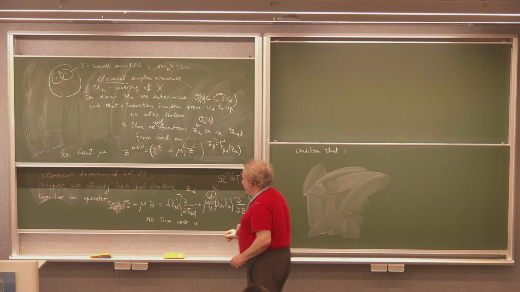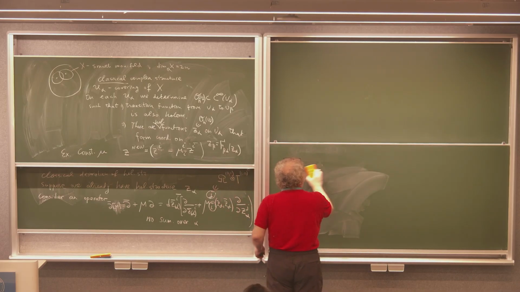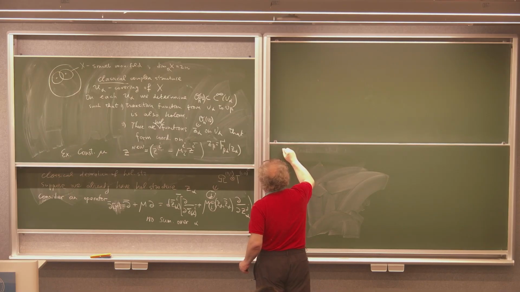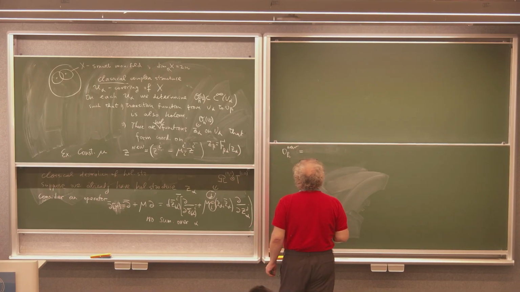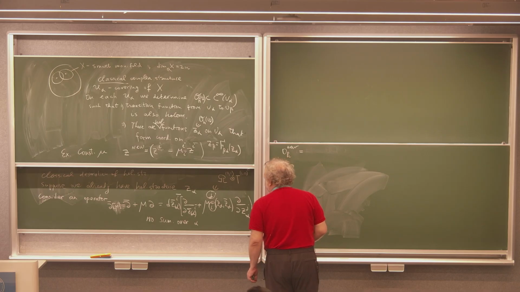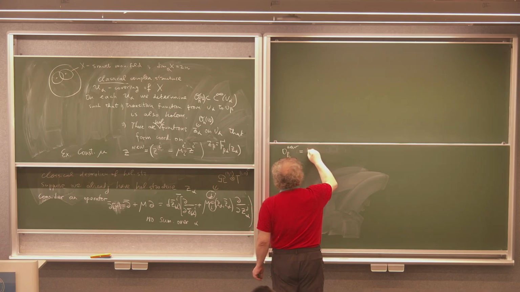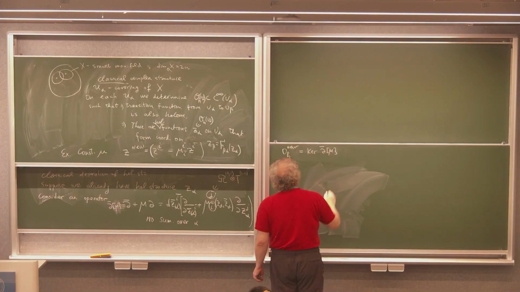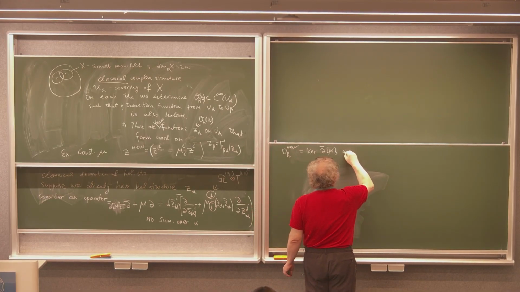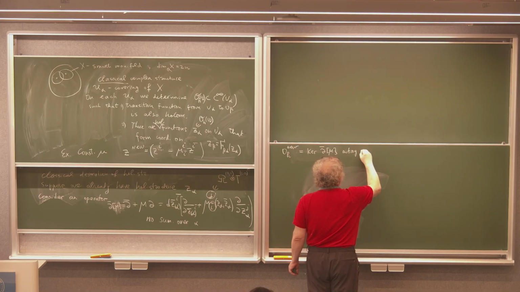Before I have condition, I would like to say what are the O, H, mu. I would like to define them as a kernel of the operator d bar mu acting on infinity function.